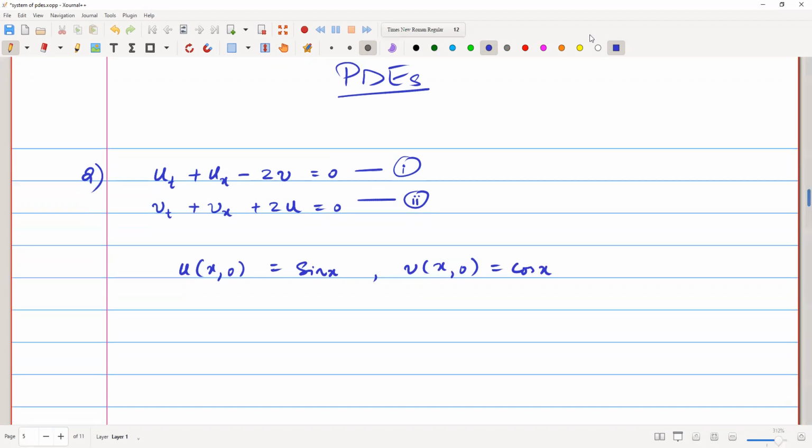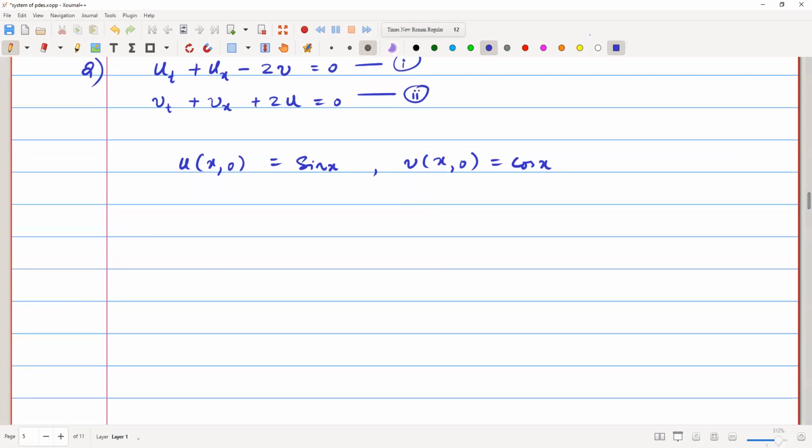And now we will apply the Laplace transformations on both of these equations. So the Laplace transform on equation 1 implies that L{u_t} + L{u_x} - 2 L{v} = 0.